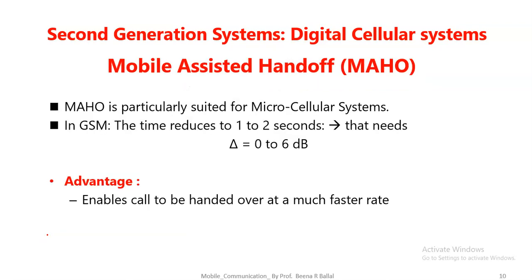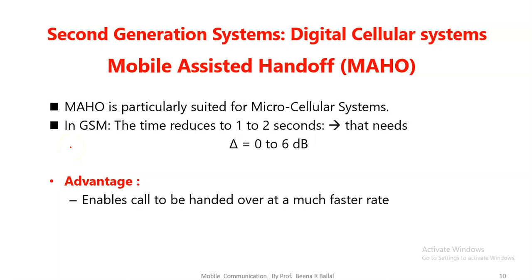This is a very unique feature of second generation mobile systems, or 2G onwards, which are digital systems. Mobile assisted handoff is very popular because the burden on the MSC is reduced to a great extent, and handoff takes place only when required.